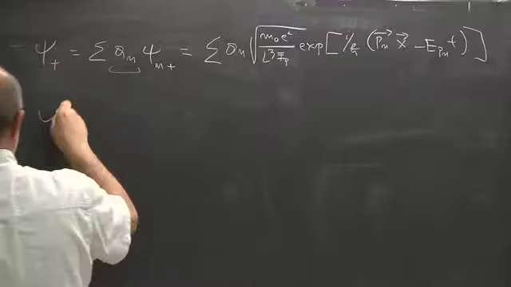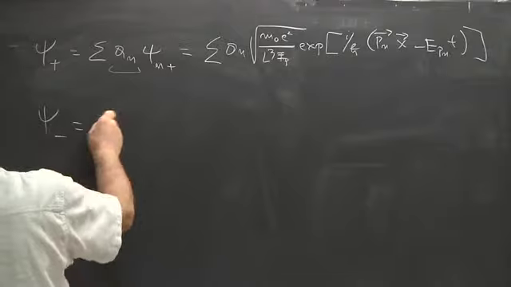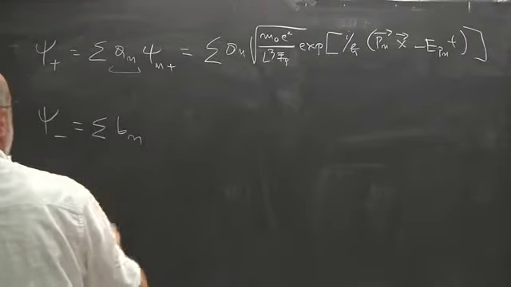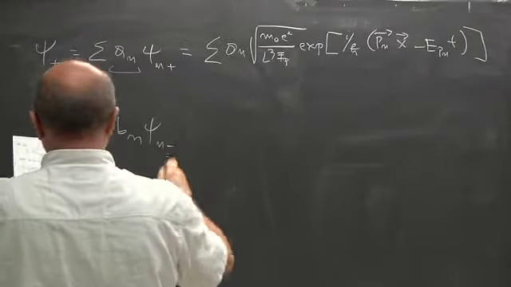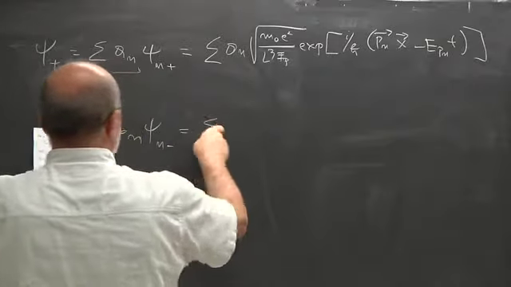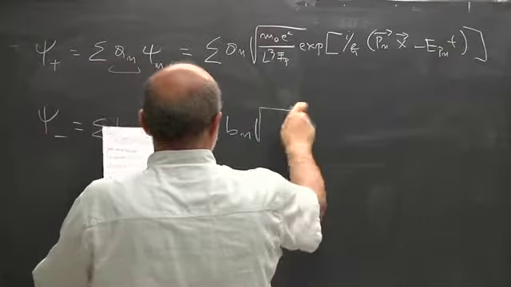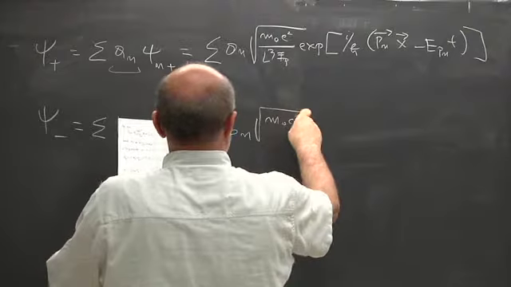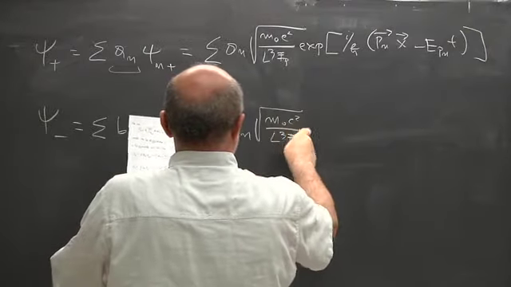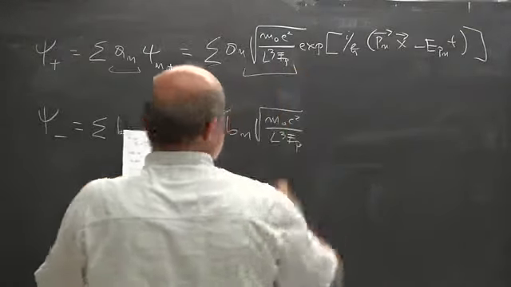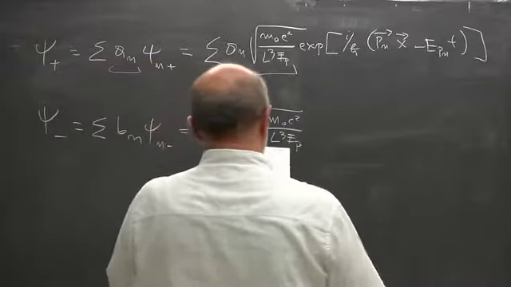You can do a linear combination of the psi minus. Let's call the coefficient Bn. Historically, they are called Bn. These, remember, were the normalizing coefficients.